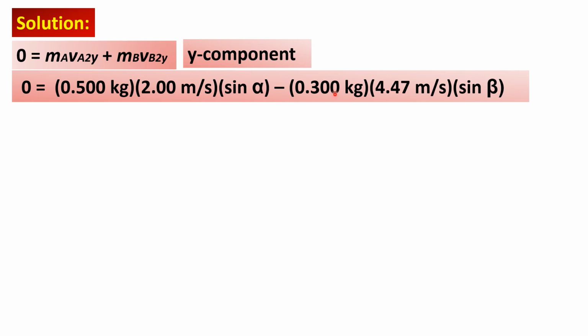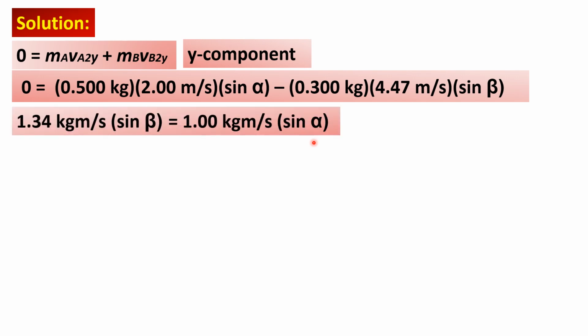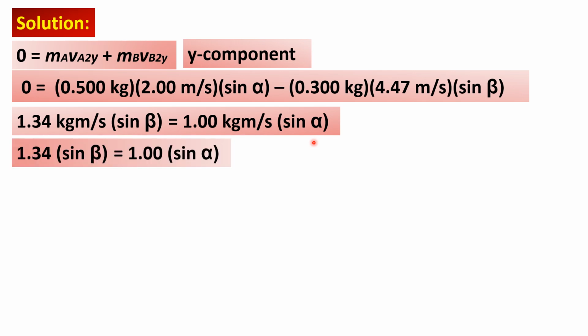And then for the y component of the final momentum of particle B, that will be equal to negative, that's why we have the minus, of course, its mass, which is 0.300 kilogram, and the y component of its final velocity, which is 4.47 meter per second, multiplied by sine of the angle beta. And simplifying, doing away with the units as well, we have this more simplified equation.